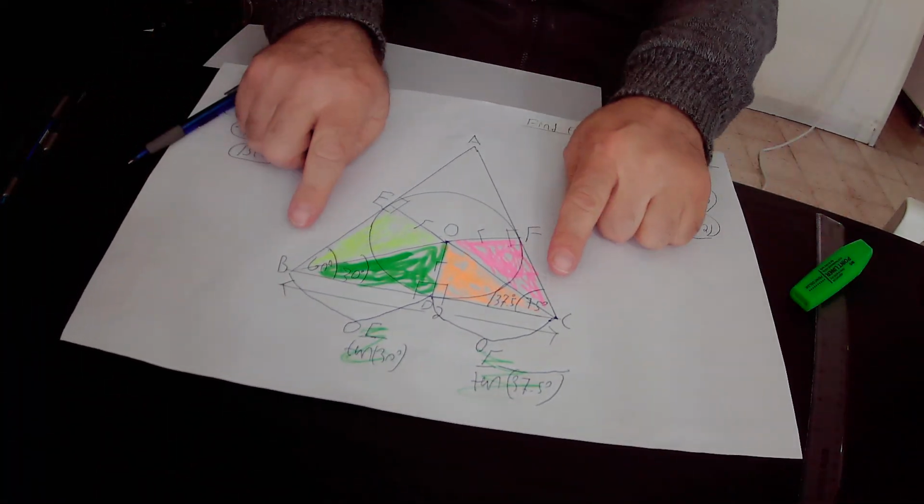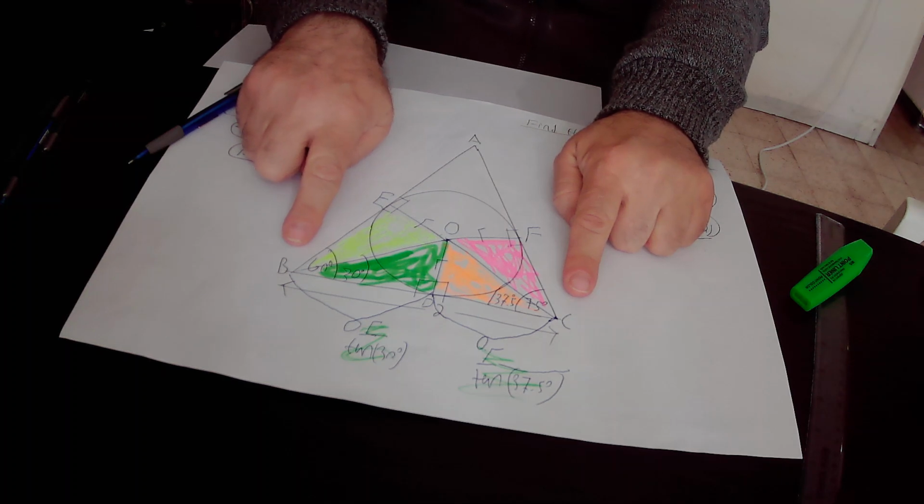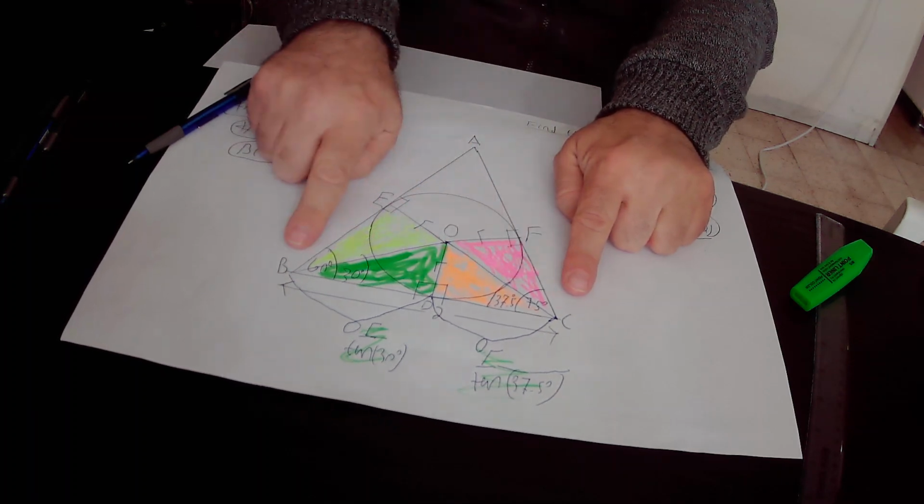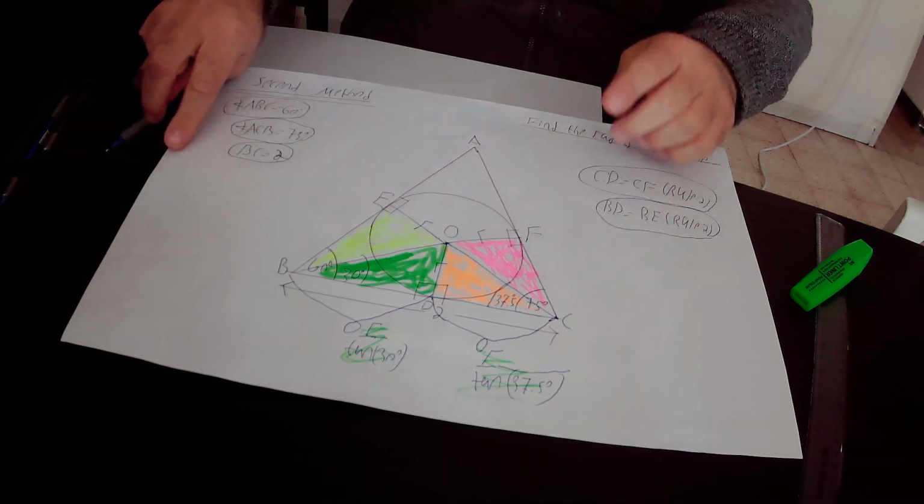From the drawing, it is very easy to see that BC equals BD plus DC. So I write it down.